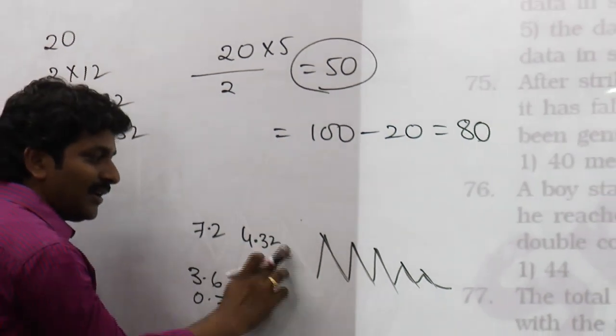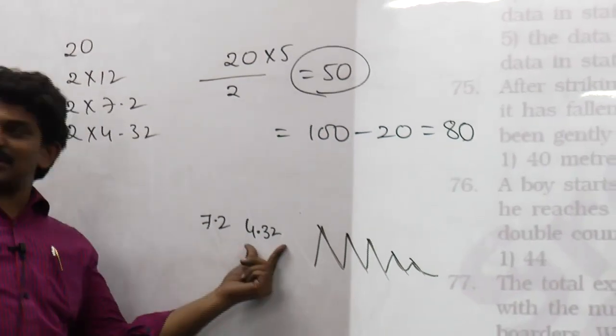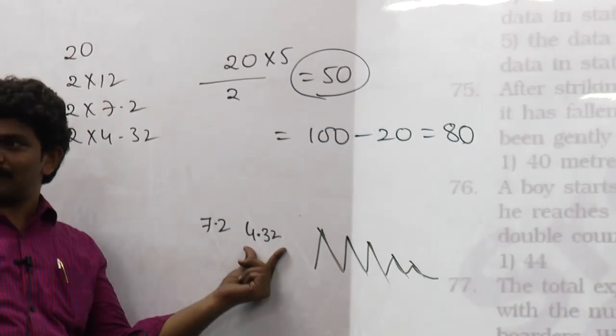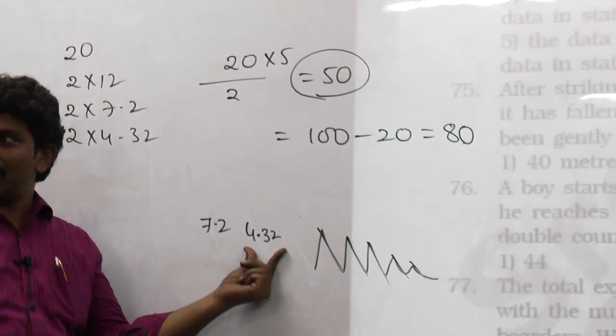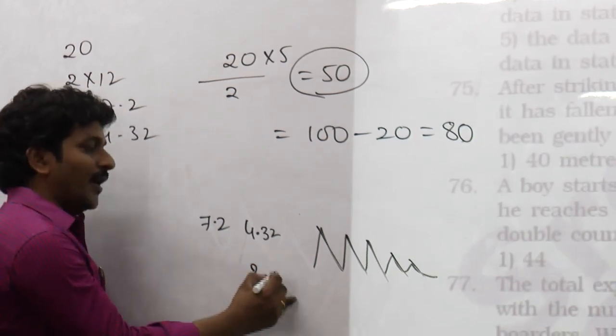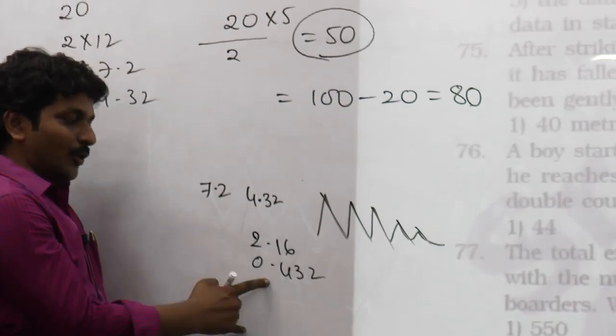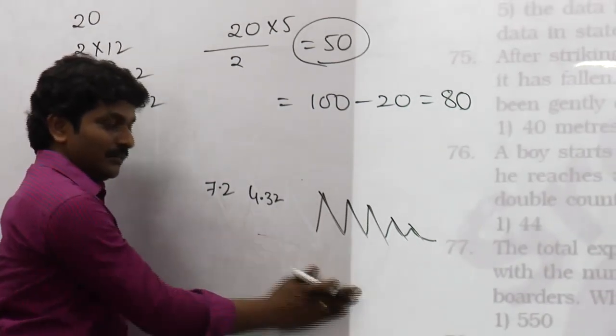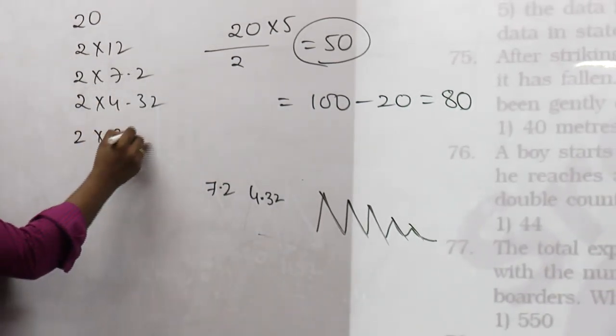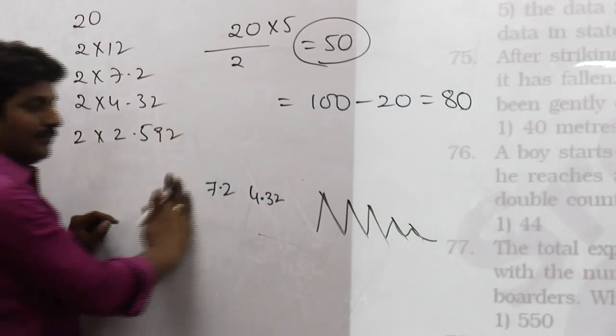Next time again it will be 60% of this. Do it. 2.16, 0.432. That will be 2.592. 2 into 2.592.